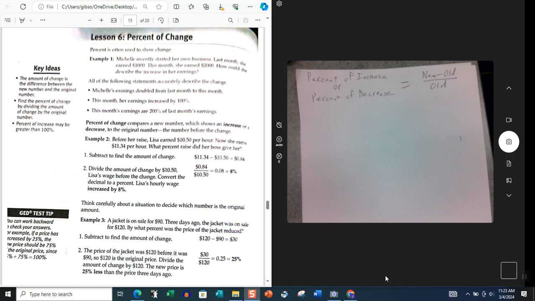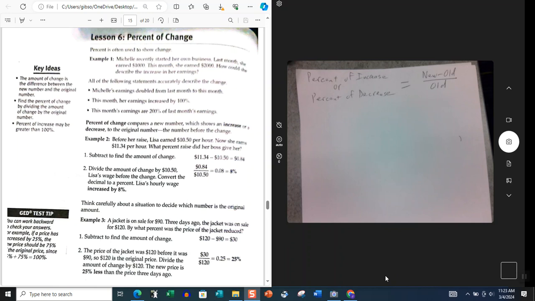Now, as you're going through this, you would need to also realize this. This will be the only time that I would tell you this. When you're doing percent of increase or percent of decrease, when you subtract, no matter how the numbers are arranged, you will not write the number as a negative.